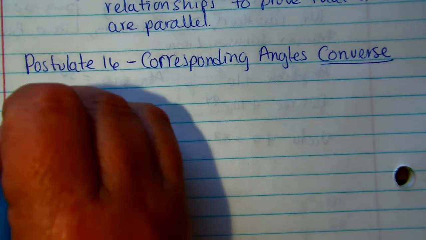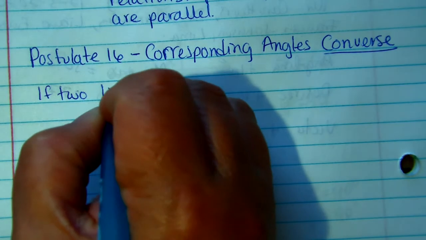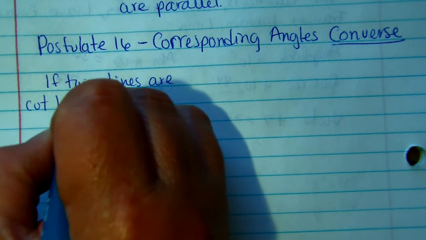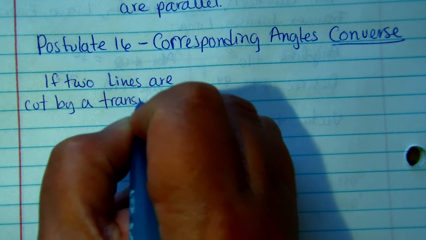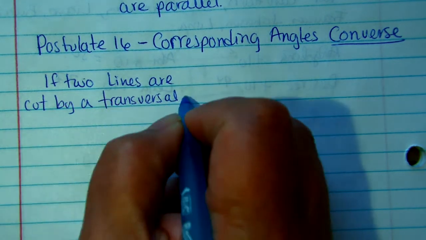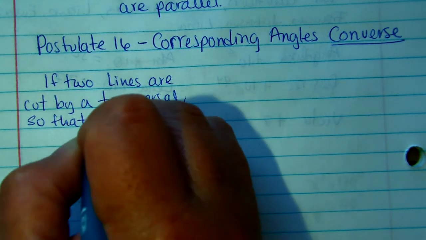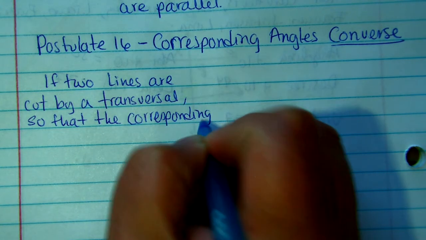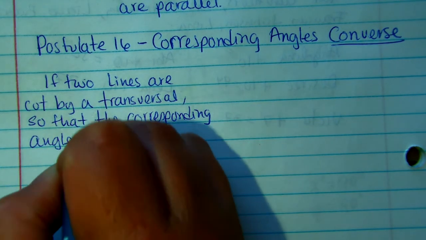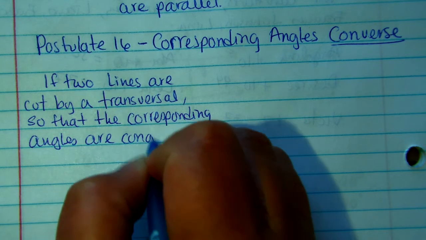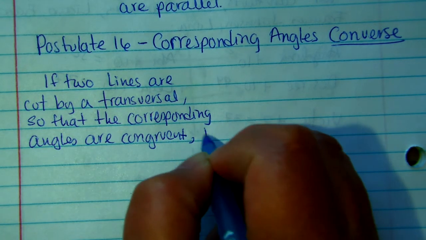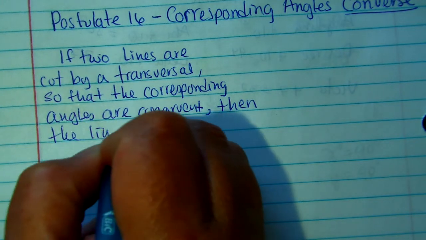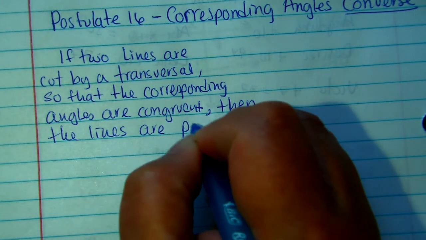And it says, if two lines are cut by a transversal, so that the corresponding angles are congruent, then the lines are parallel.